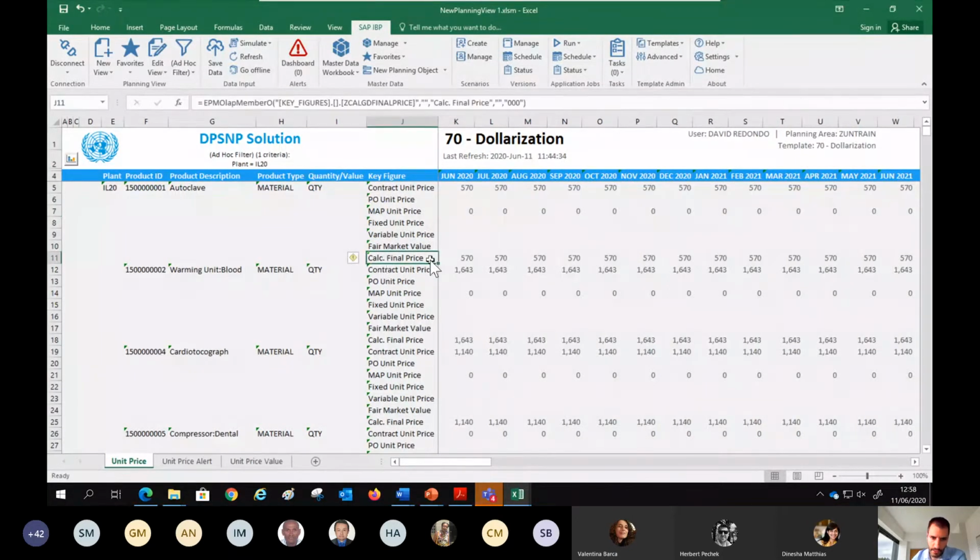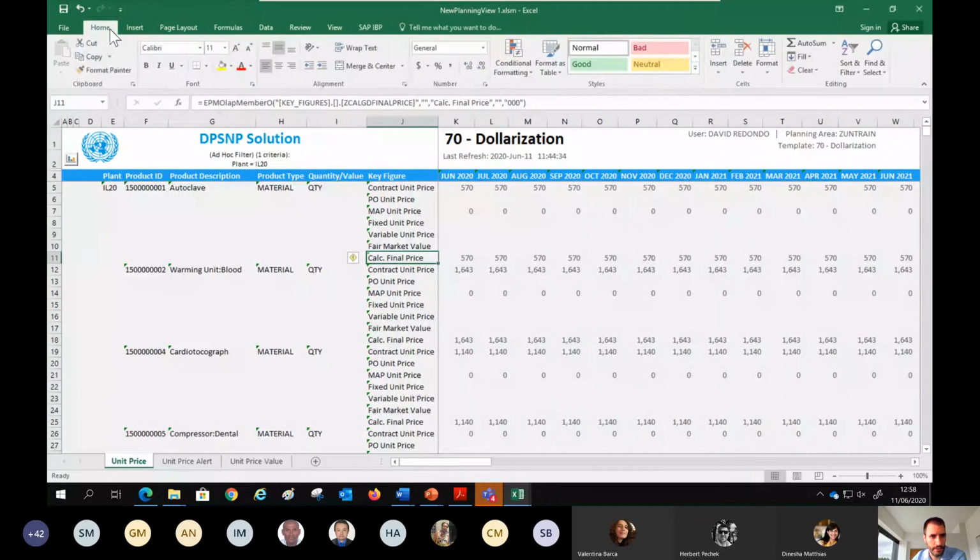Let me start from the end. This calculated final price is the price that the system is considering to transform quantities into values.